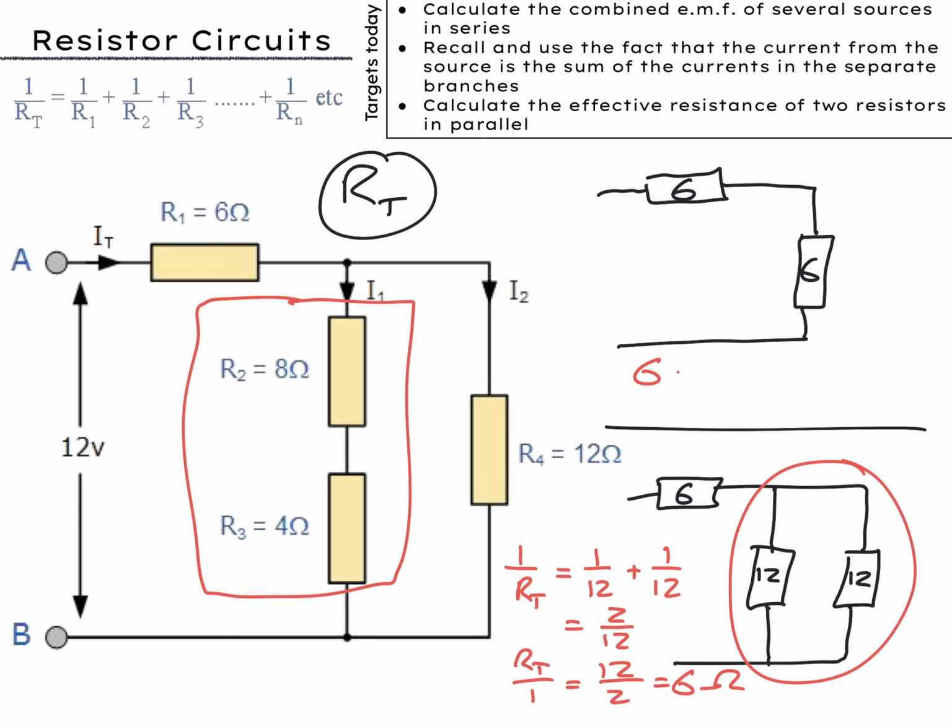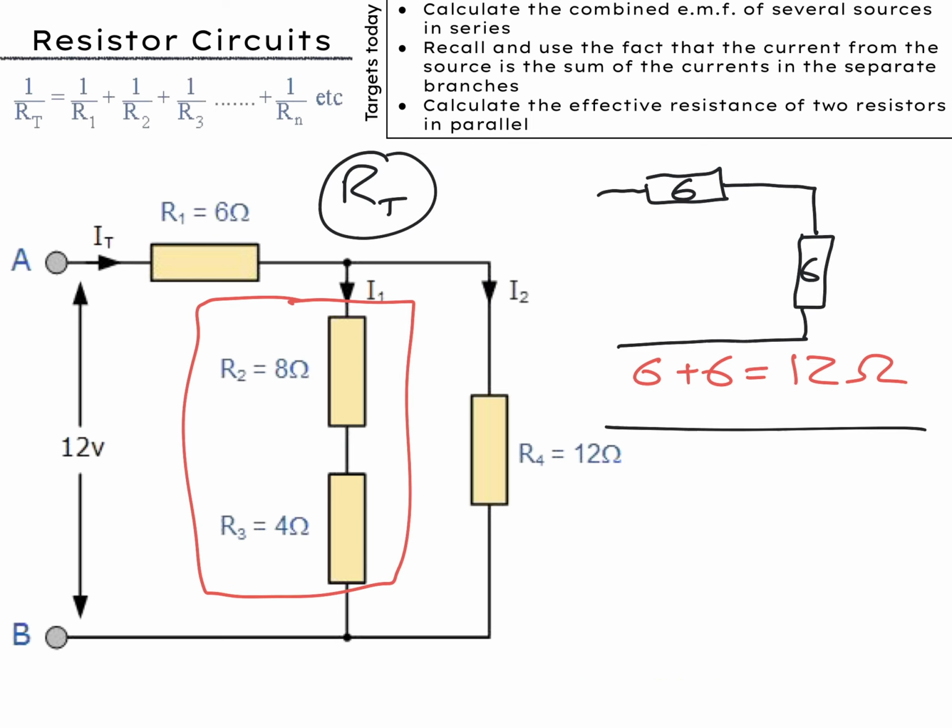Lastly, resistors in series, so we sum them and get the total resistance equals 12 ohms. R1 plus R2 equals 6 plus 6 equals 12. And here for completeness is the equivalent circuit.